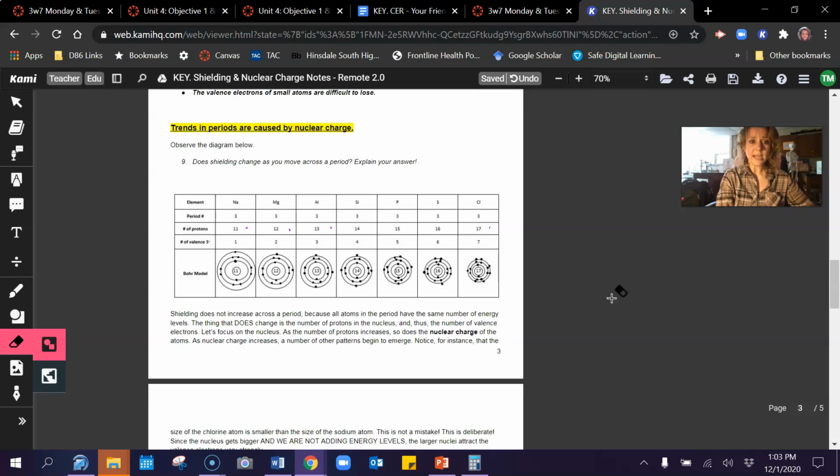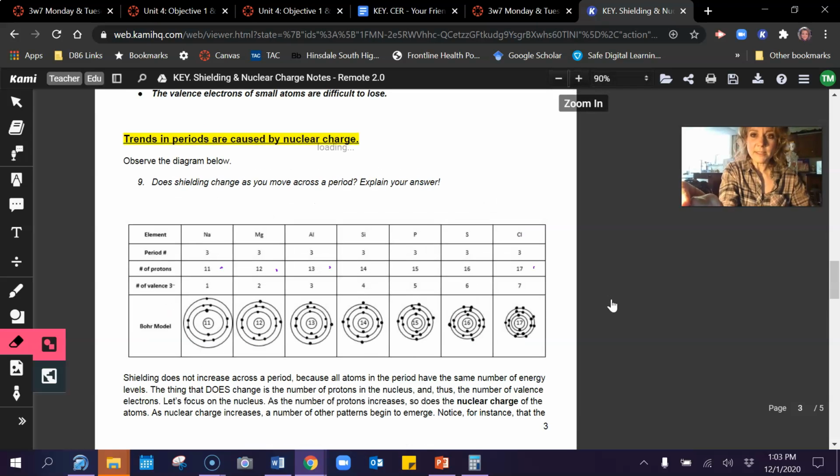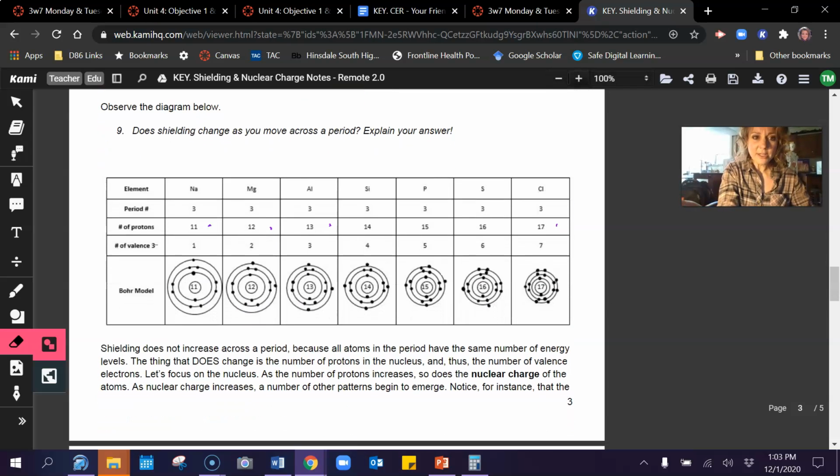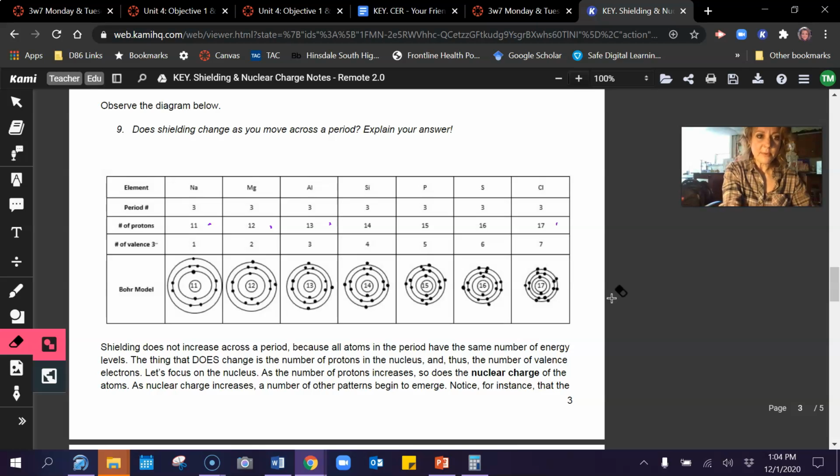Now, number 9 is asking about shielding. Does shielding change as we move across a period? Well, remember that shielding involves the energy levels. So let's focus on those. If you take a look at the number of energy levels that we have around our sodium atom, we have 3 different rings.